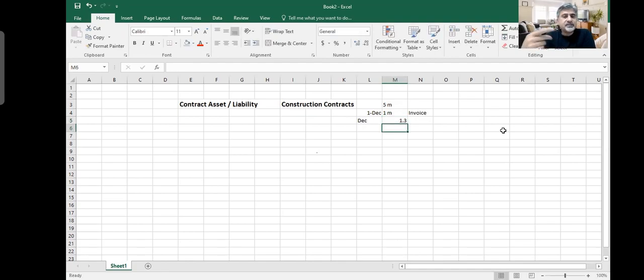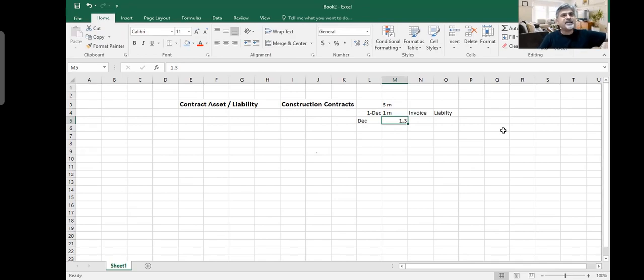So they gave me 1 million and that was advance. And that was a liability. Then I started purchasing materials, started the construction job and incurred my costs, which are 1.3 million.